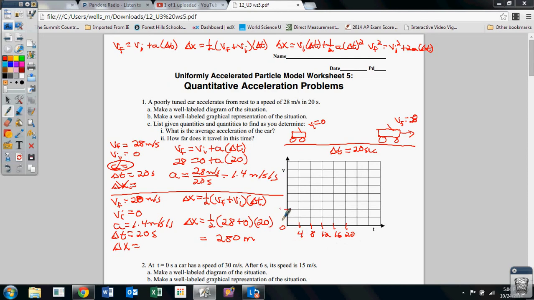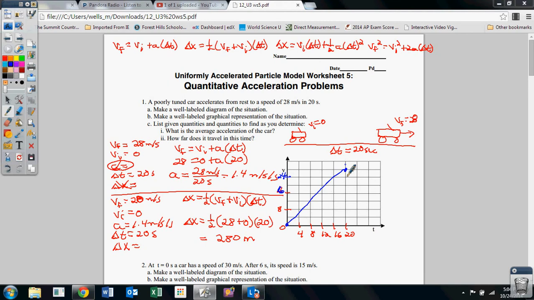So that's 4, 8, 12, 16, and let me change colors here so it's a little easier to see. 16, and that is 24. And so we can plot points on here. The velocity at time equals 0, that's our initial velocity, is 0. At time equals 20, the velocity is 28, which would actually be right up here if you look at that. And so if we graph this, we've got that.